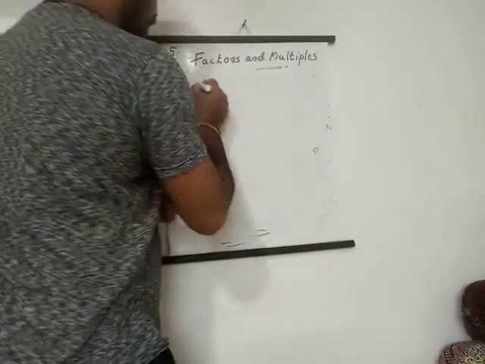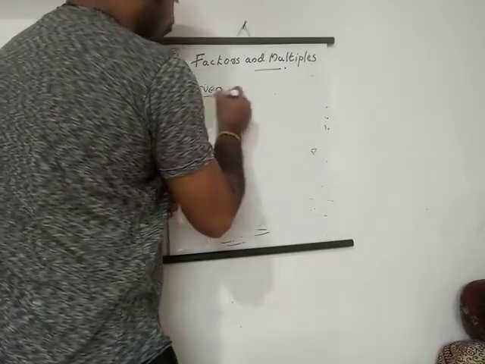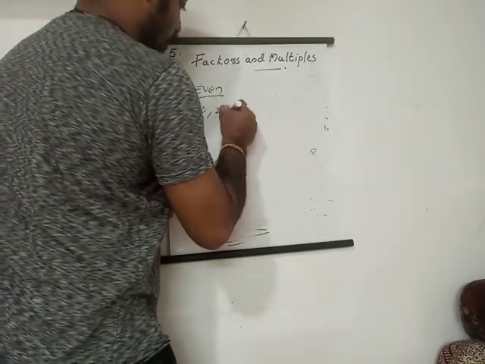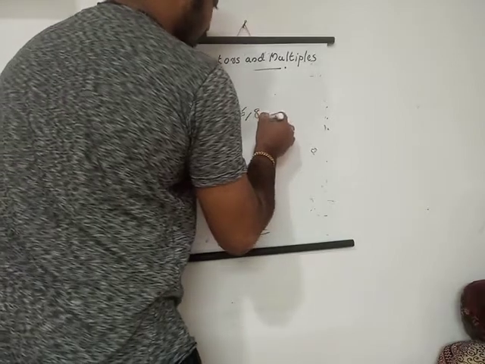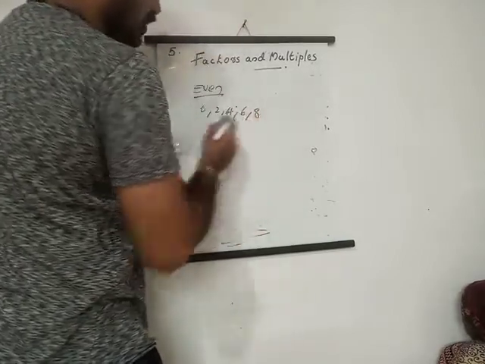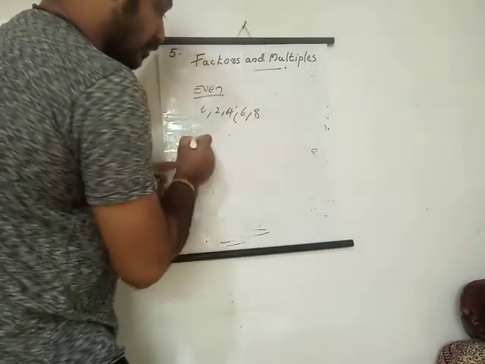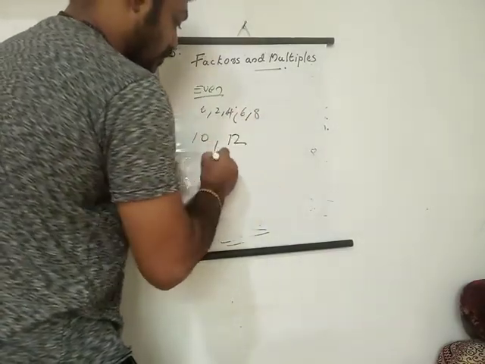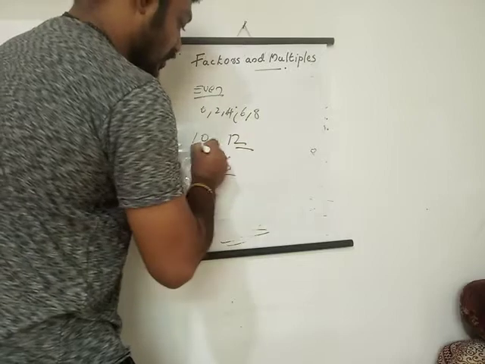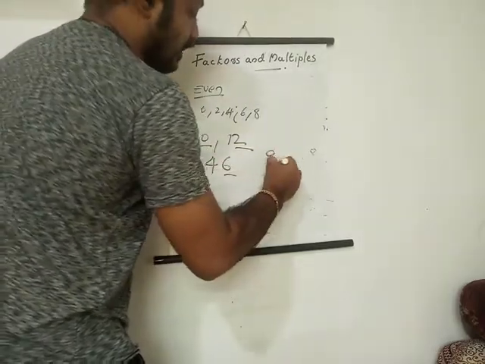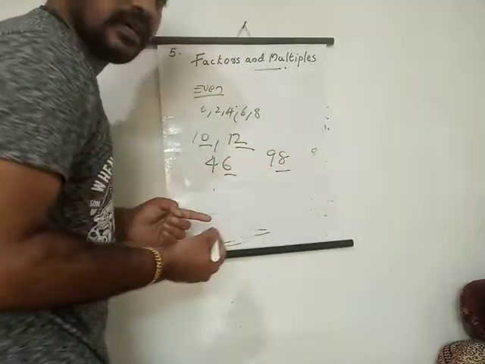And even and odd numbers you already studied, isn't it? What is an even number? Even numbers are those that end with 0, 2, 4, 6, 8. For example, 10, 12, 46, 2, 6, 98. These all numbers are even numbers.